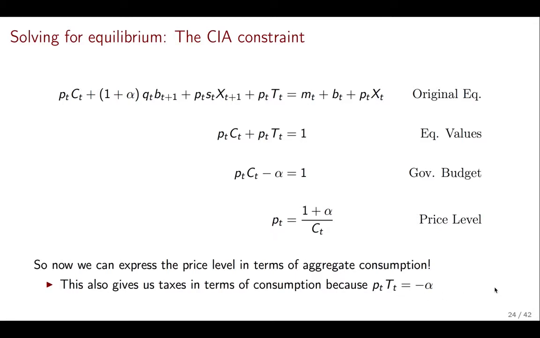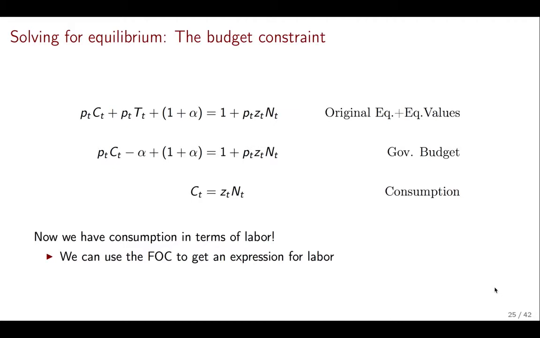So this expression is making headway in terms of finding out the relationship between the different variables. We can do a similar exercise with the budget constraint. Here is the budget constraint once we have already imposed all the equilibrium values. So we've already made it so that the wage is equal to z, m is equal to 1, and m plus 1, that's going to be mt plus 1, that's going to be 1 as well. And so we've already replaced all of those.